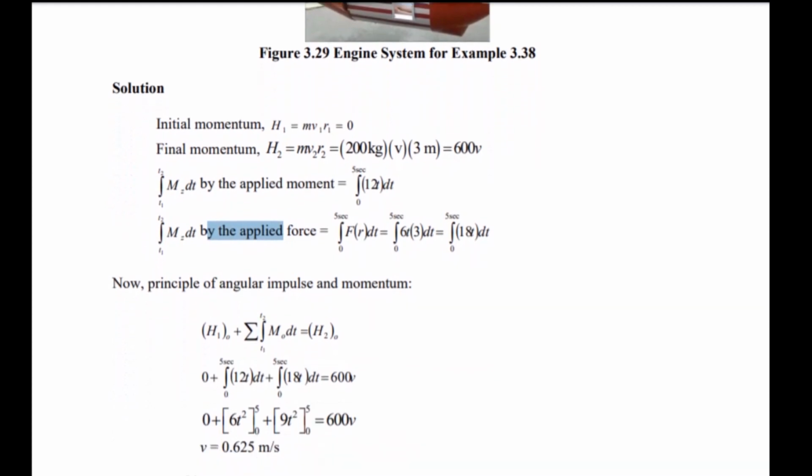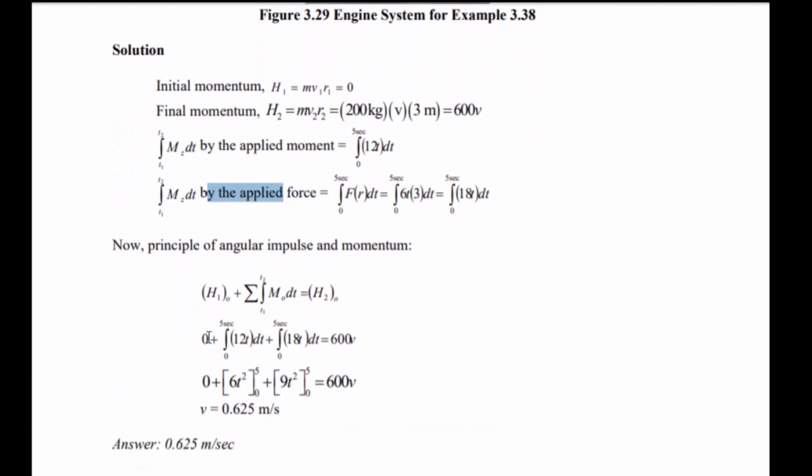Then what we will do, same concept: initial momentum plus any impulse applied equals my final momentum. Then we did the integration, so it was 12t, so 12 we keep here, the t power will increase by 1, then divided by the increased power, so the 12 became 6.